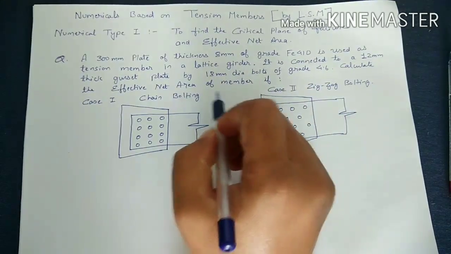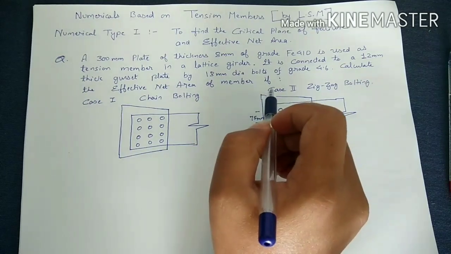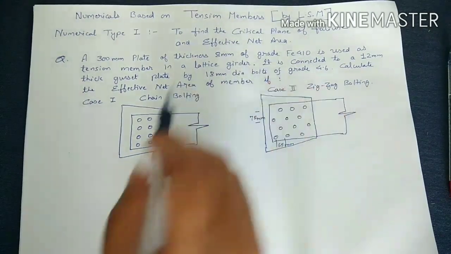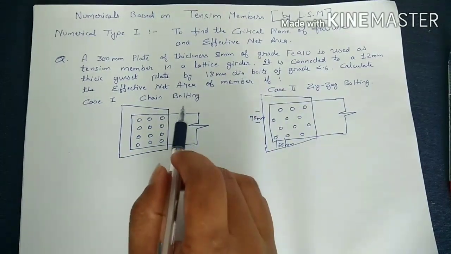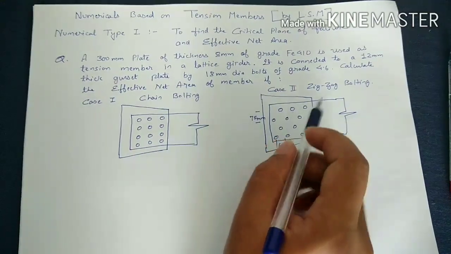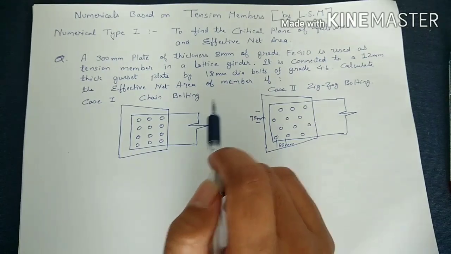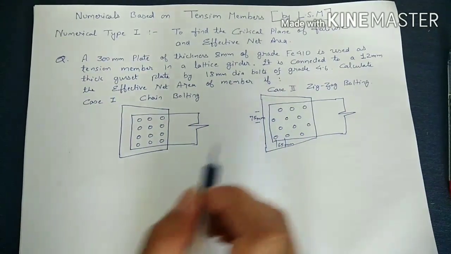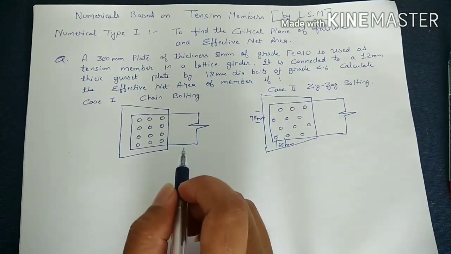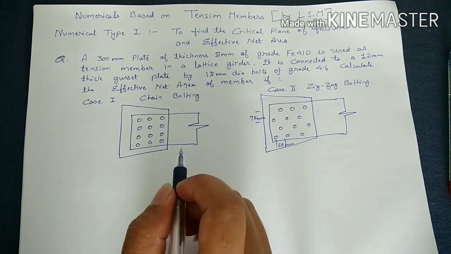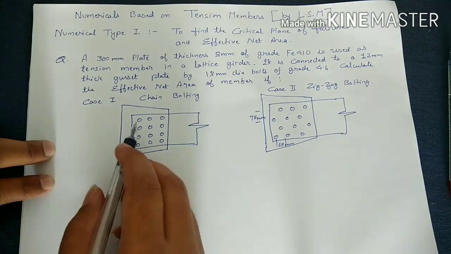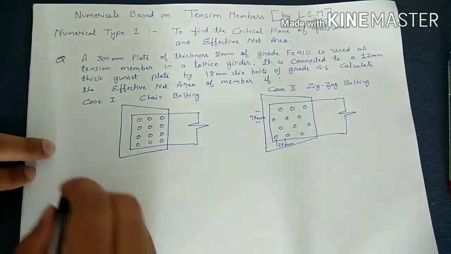Calculate the effective net area of the member if it is chain bolting, and second case says if it is zigzag bolting. So in both the ways we have to find the net area. Let's start with chain bolting.